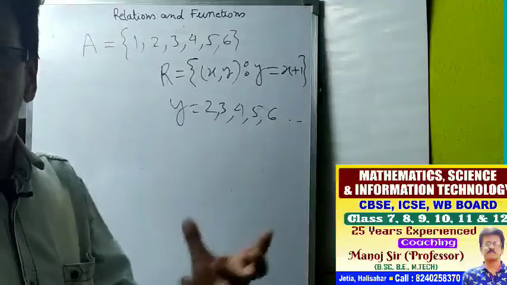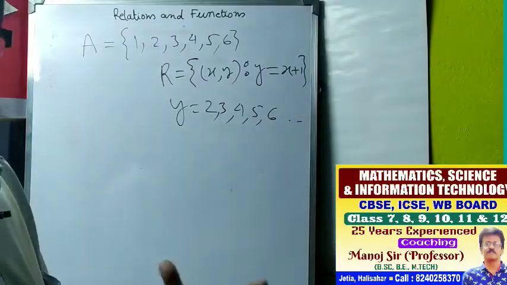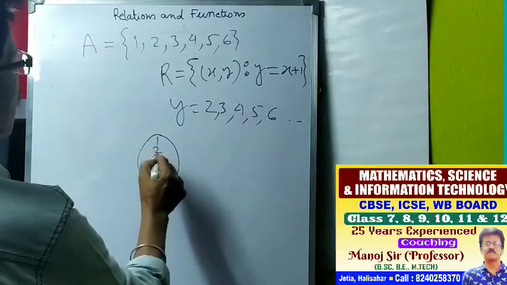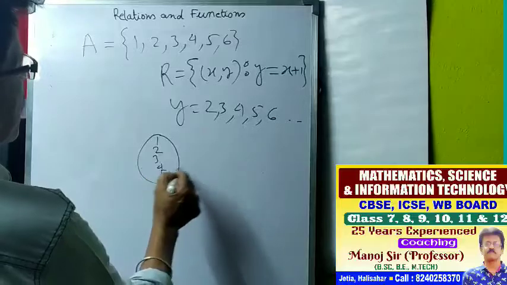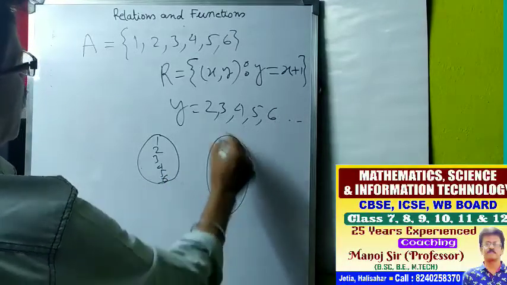Now if we plot the graph, we can see that on one axis 1, 2, 3, 4, 5, 6, and on the other 1, 2, 3, 4, 5, 6 and so on.